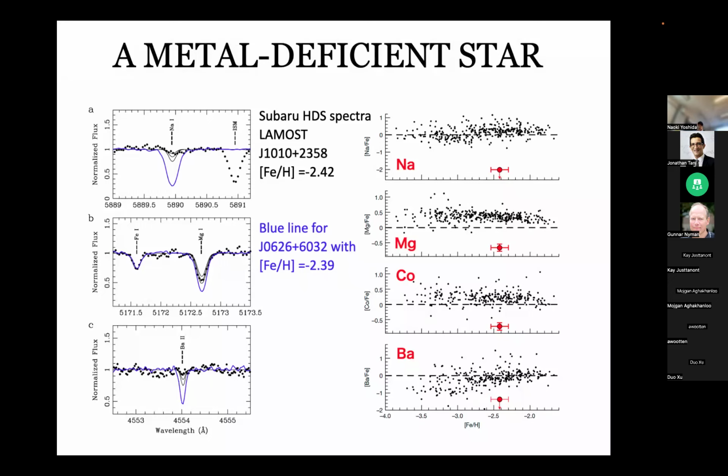But if we compare this spectrum with the other one, the blue line, with a similar iron content, similar metallicity, you notice this LAMOST star has very small sodium content, magnesium, and so on. So it is iron-poor, but also deficient in alpha elements.